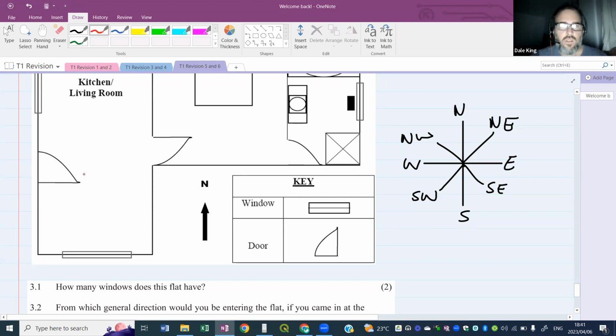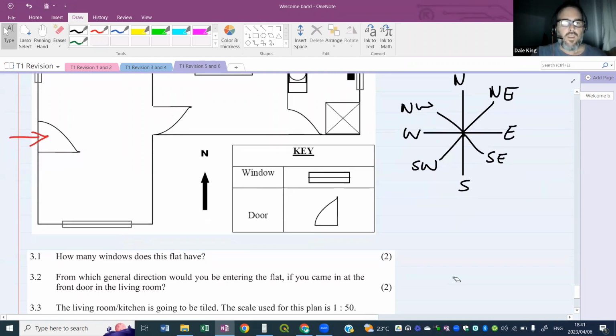You're coming in the front door to the living room, that red arrow on the side. That is coming from the west. Very good with your answers. Just read the question very carefully when you have something like that.